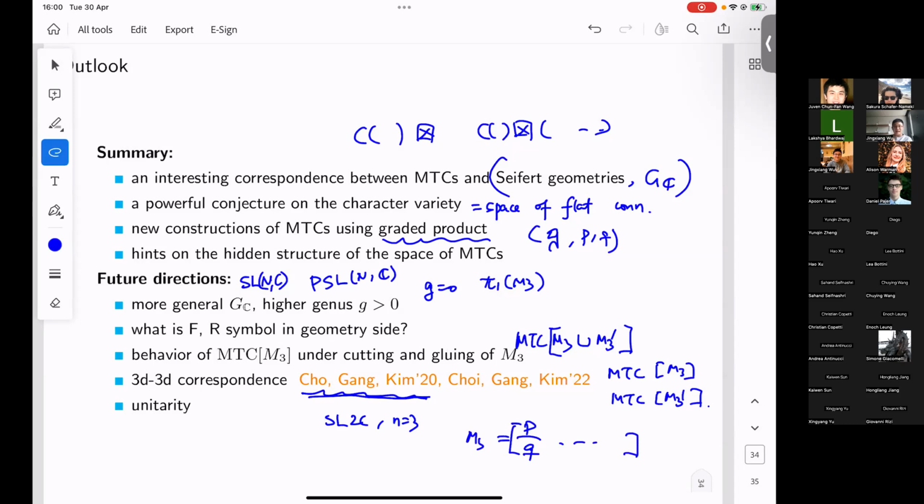In order to figure out whether the MTC is unitary or not, I have to map to the MTC side and look at the S matrix, figure out the quantum dimensions and so on. It's a lot of computation. It would be nice to narrow down the possible M3 on the geometry side to figure out what are the UMTCs we are eventually interested in.